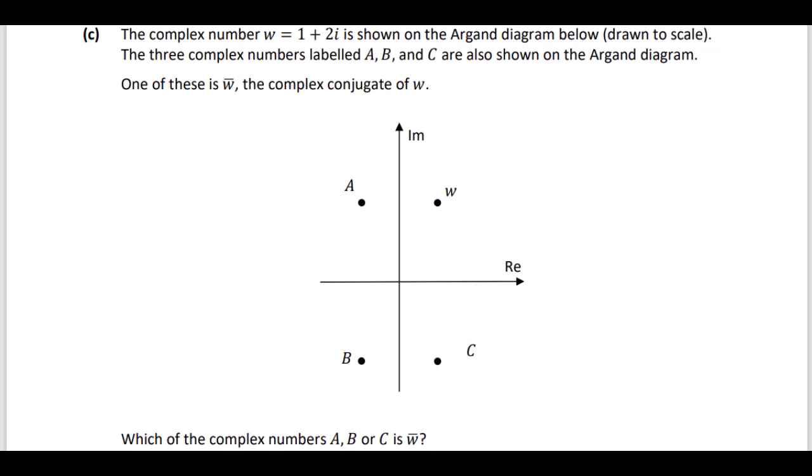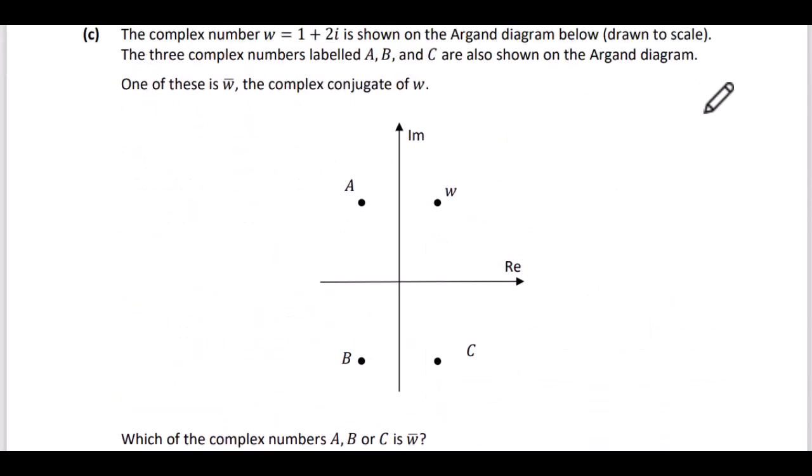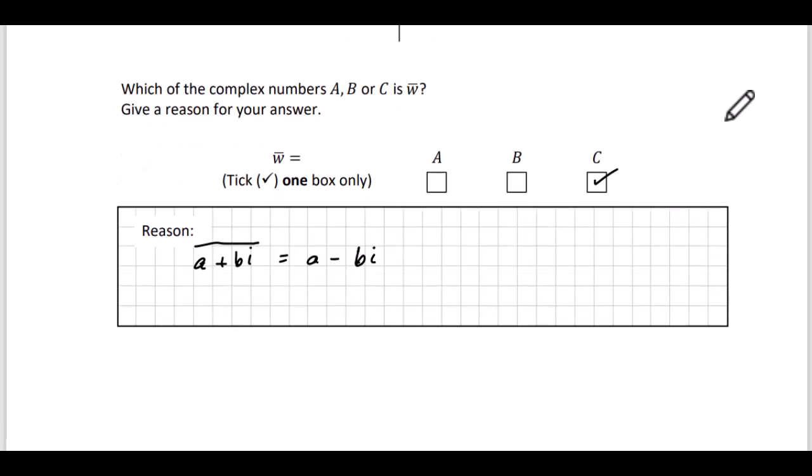Because if you take any complex number, a plus bi, the conjugate of a plus bi is a minus bi. So our answer was c, and the complex number itself was 1 plus 2i.